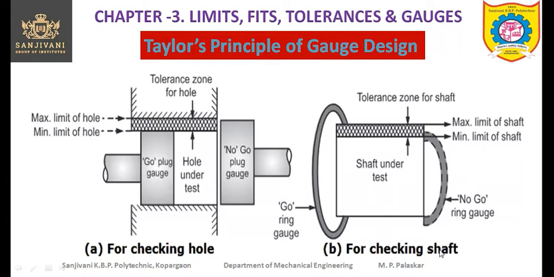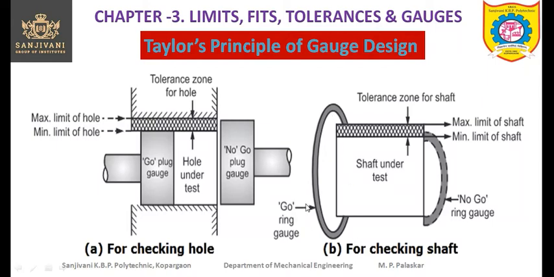Now in case of the shaft, we are using ring gauges. This is the go ring gauge and this is the no go ring gauge. Here the size of the go ring gauge is equal to the maximum limit of the shaft.